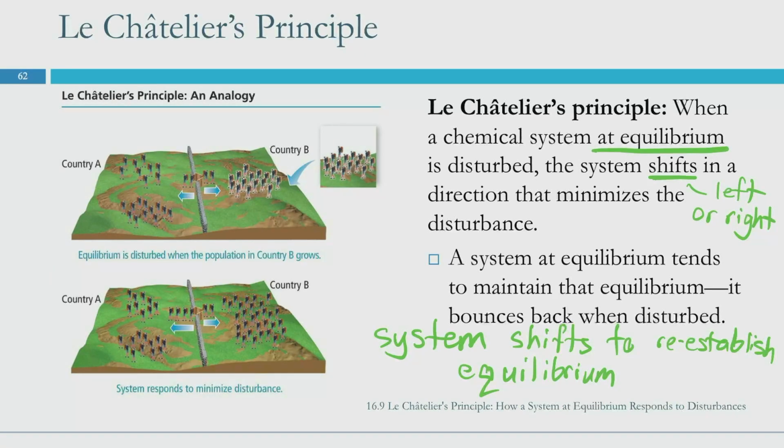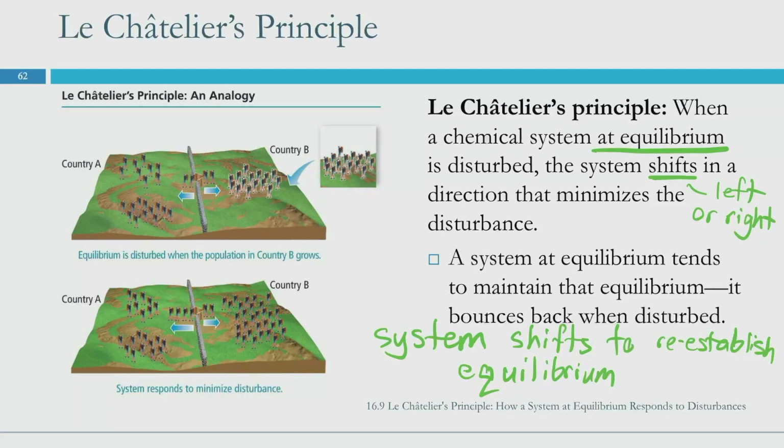A possible example using two countries. If country A and country B are both at equilibrium, they've got a nice even rate of flow of people emigrating between the two countries, and suddenly a bunch of people pop out of a wardrobe. People start flooding into the country of B from a magical mythical wardrobe.